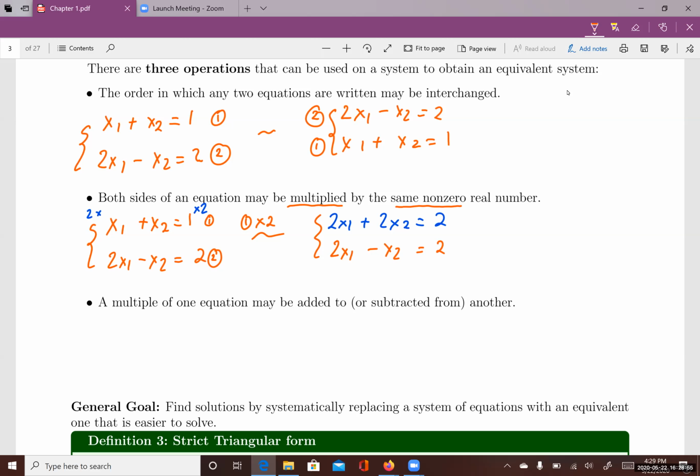And then the last operation is you can multiply one equation, and a multiple of one equation may be added to or subtracted from another. What does that mean?